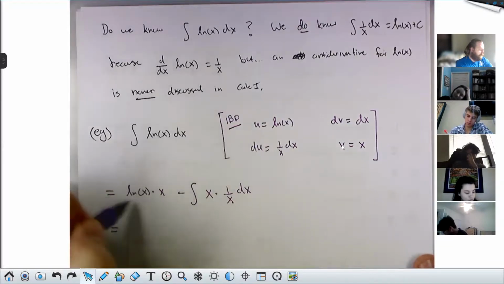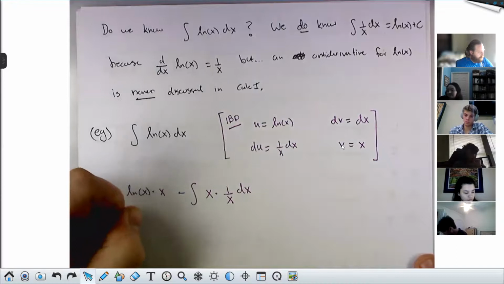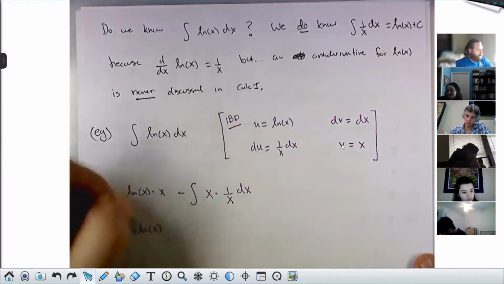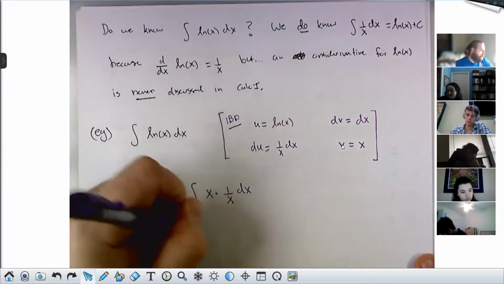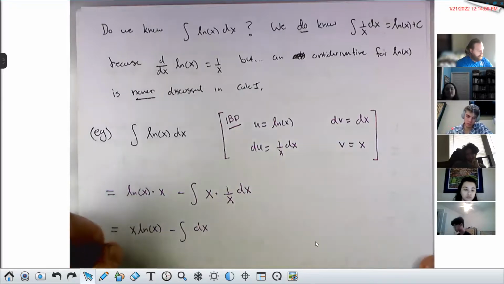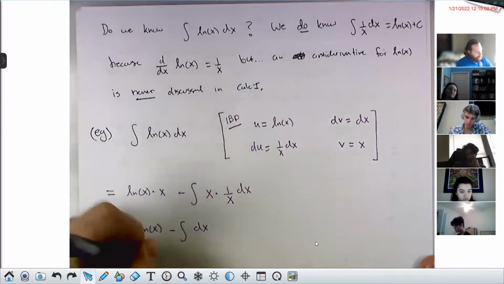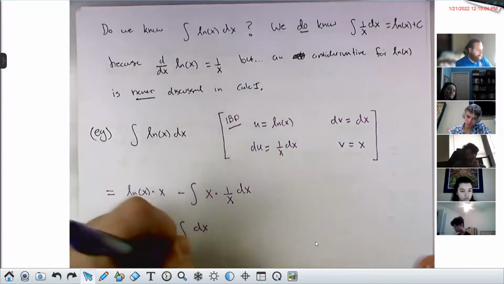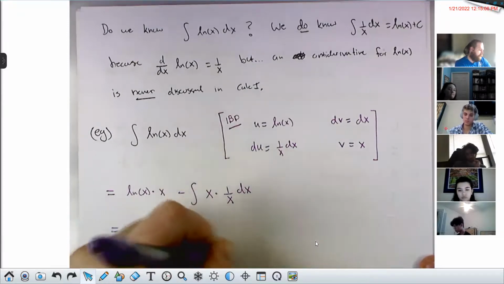Again, I like to write the x's in front of the logarithms here, so I'm going to write x ln x. And then you have here just minus the integral of 1 dx, or minus the integral of dx. The integral of dx on a good day is x. So this is x times the natural log of x minus x plus c.